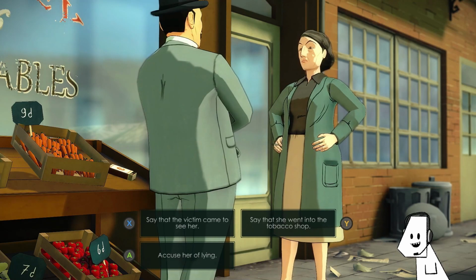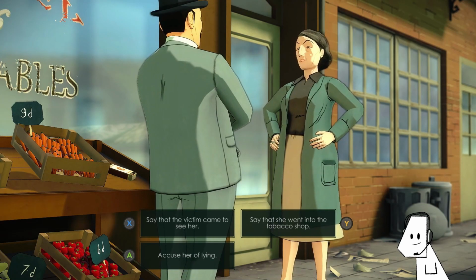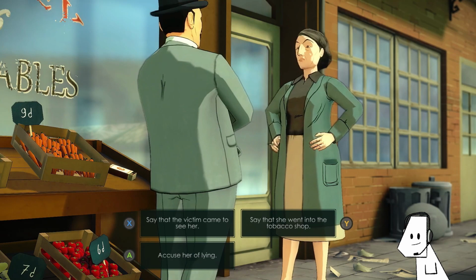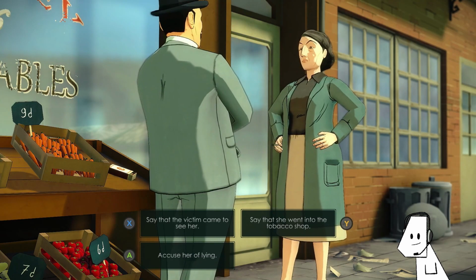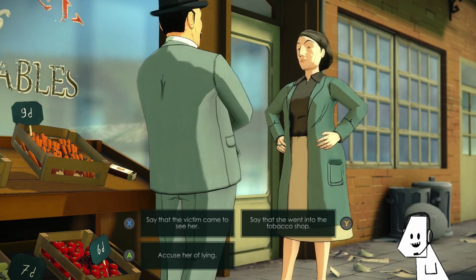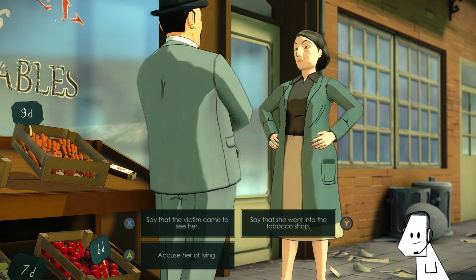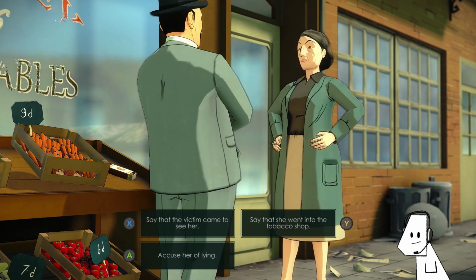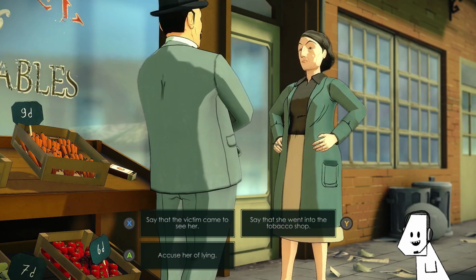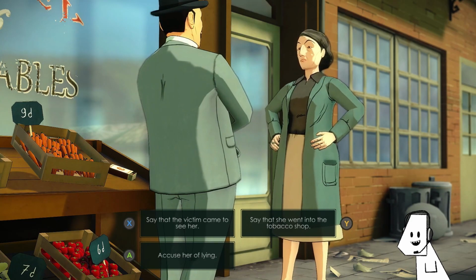I can accuse her of lying because of the strawberries. Basically all of them are accusing her of lying. Say the victim came to see her. Say she went into the tobacco shop. Accuse her of lying.